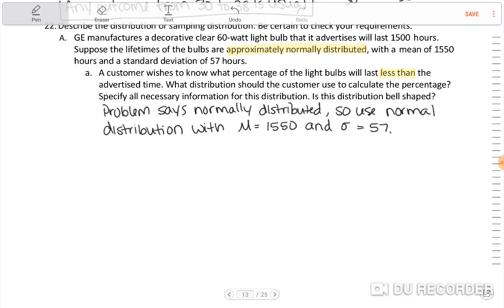Is the distribution bell-shaped? Yes. The distribution is bell-shaped. Okay.